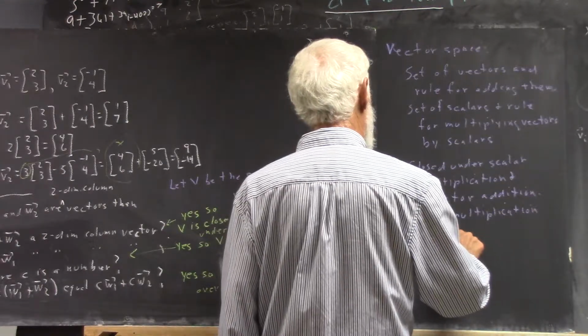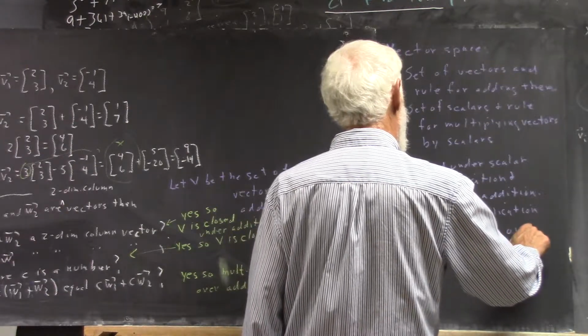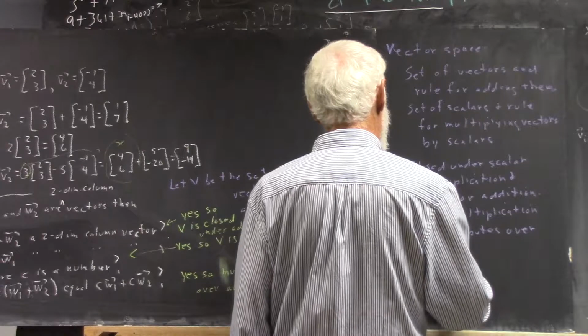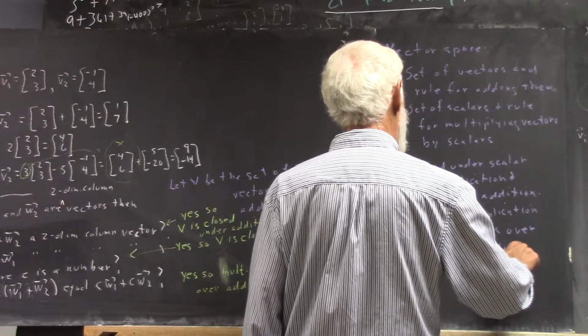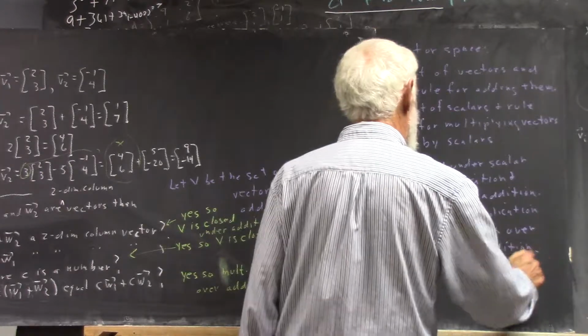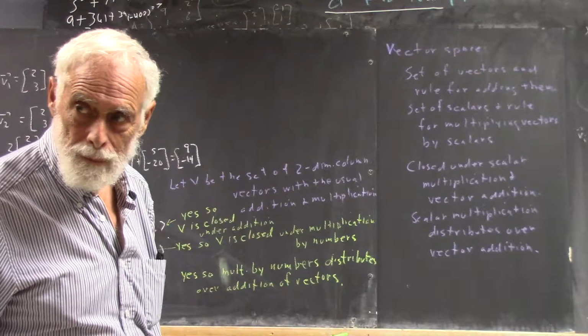Scalar multiplication distributes over vector addition. Okay?